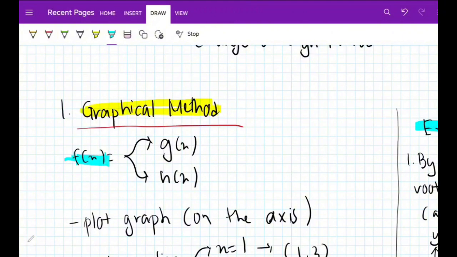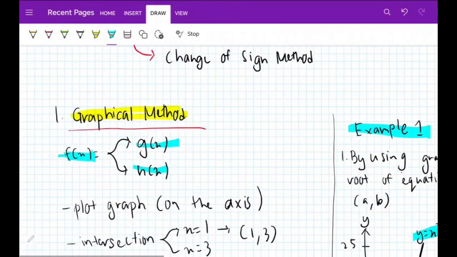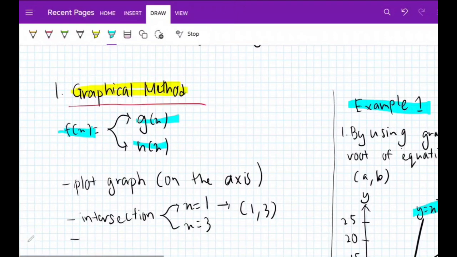Given a function f(x), we first divide that single function into two different functions, g(x) and h(x). Once we've got two different functions, we plot both on a graph on the same axis.